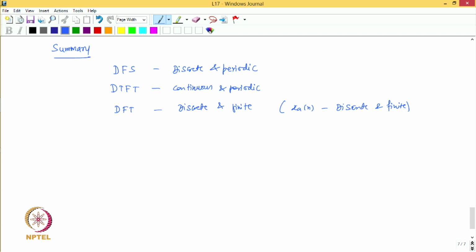So now in practice, which of these tools should be used for finding the frequency domain representation: DFS, DTFT or DFT? In practice the signal can be periodic or aperiodic. The signal we are measuring could be a periodic signal or an aperiodic signal.